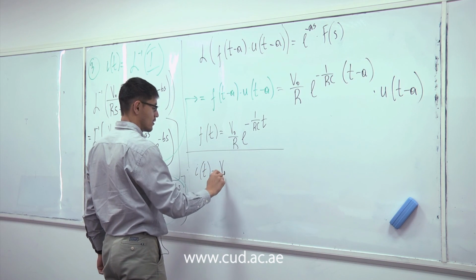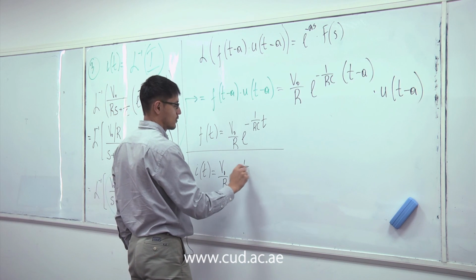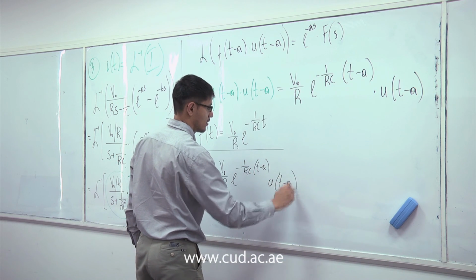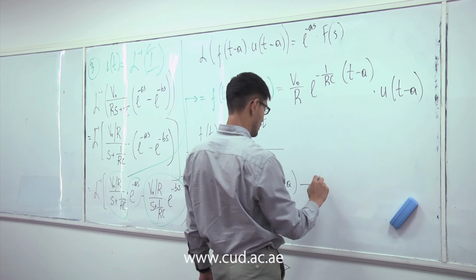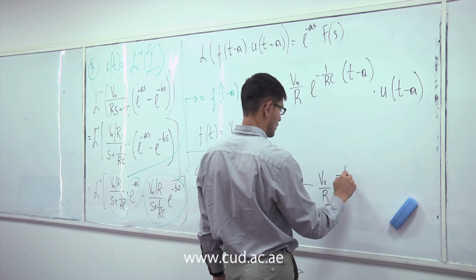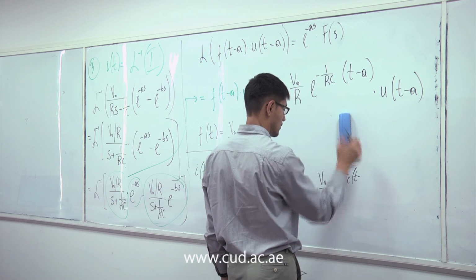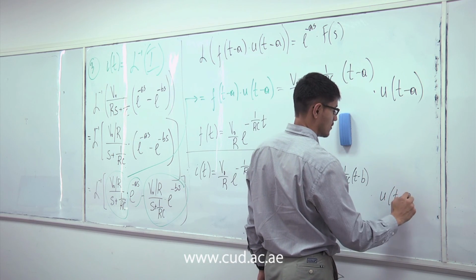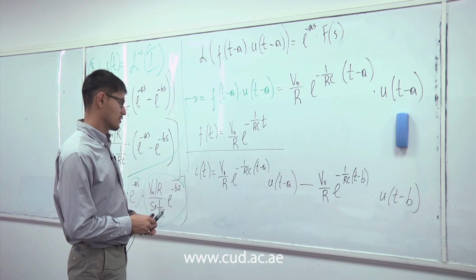I'll just copy it. v naught over r e to the minus 1 over rc t minus a u of t minus a minus the transform of the second part, again using the t-shift, v naught over r e to the minus 1 over rc t minus b u of t minus b. Okay, so that's our final answer.